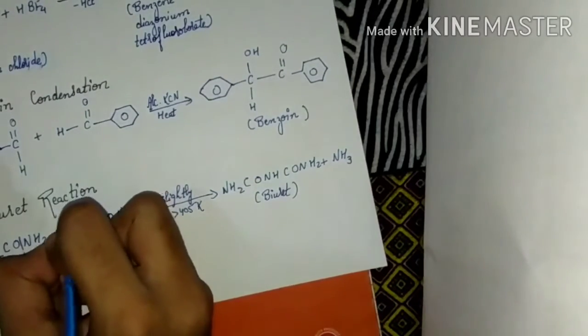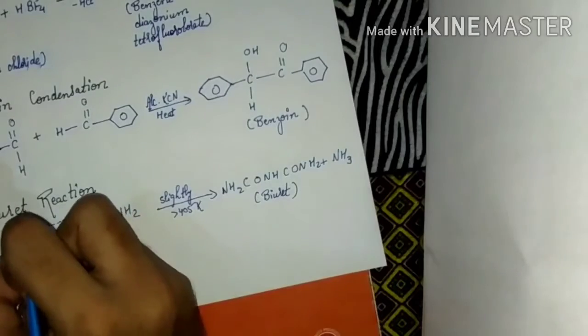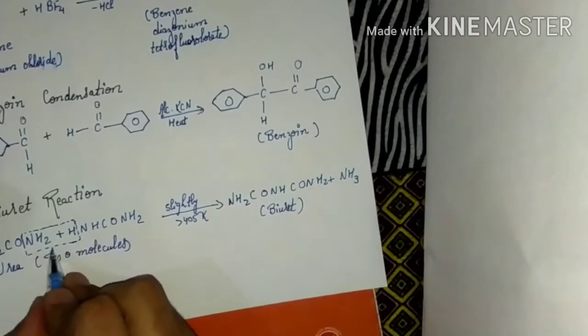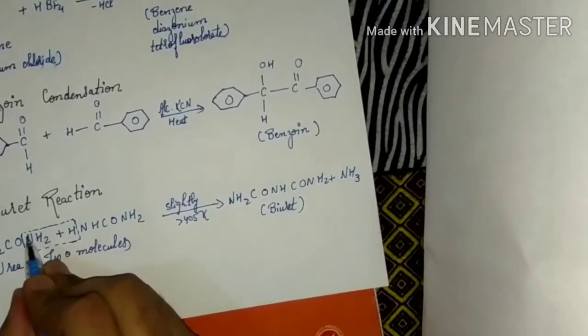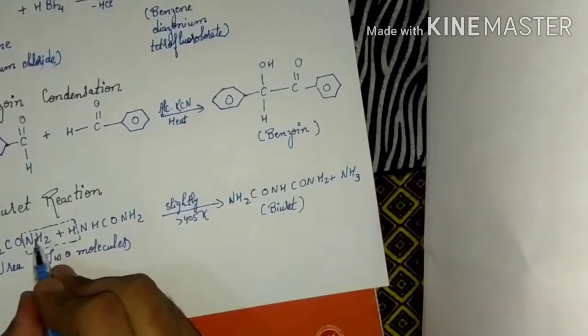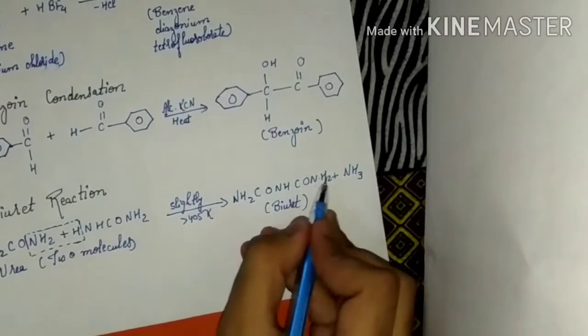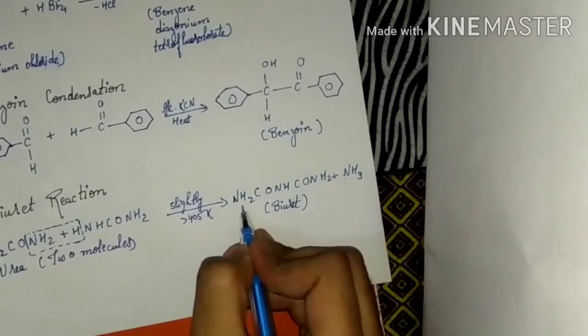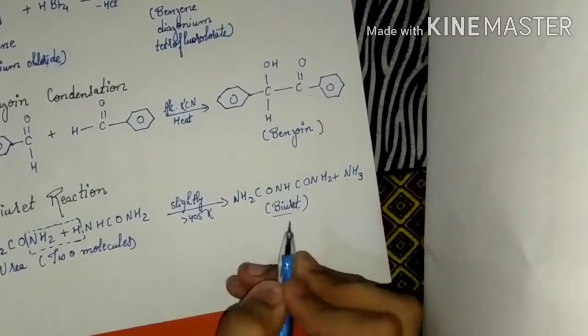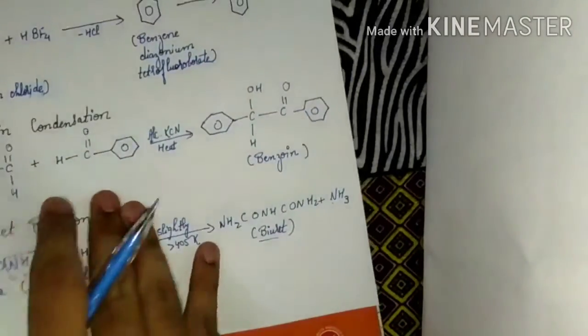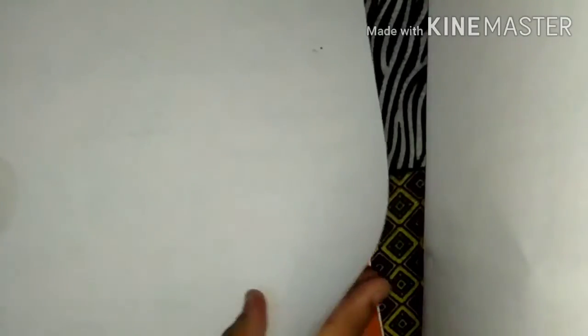Okay, that's why I have written it so, so that I can make you understand. The precipitation will take place like this, and this ammonia will precipitate out, and the rest will form biuret.